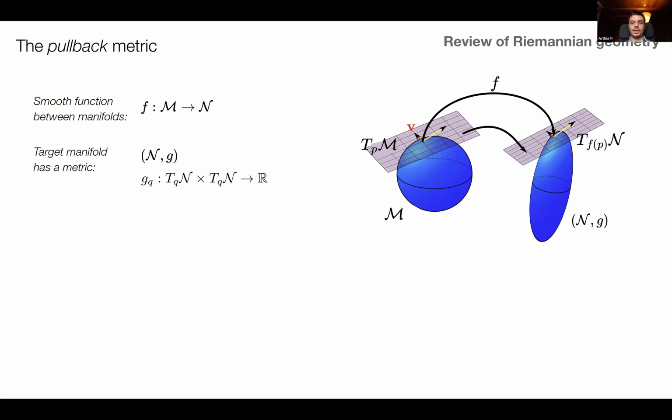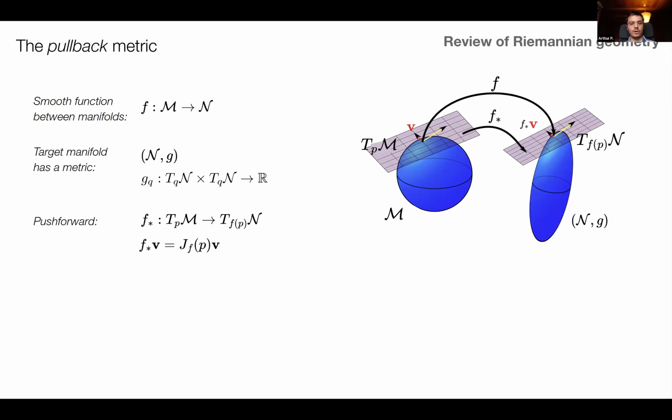If I take a particular tangent vector V in my original manifold M, I can do the so-called push forward of this vector to get a tangent vector in the manifold N. And then once I'm in the tangent space of the manifold N, I know how to take an inner product. So I can just measure the inner product. And this is precisely what the pullback metric is.